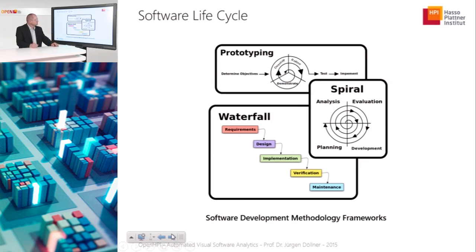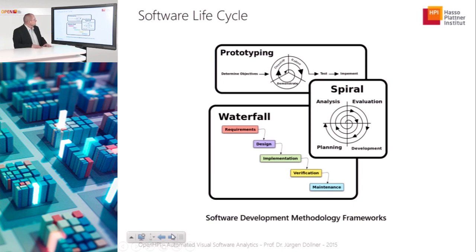This dynamic nature is represented, for example, in the spiral model. It says basically we start with analysis, evaluate our design, develop implementations, and we do further planning for the next cycle, for the next iteration.